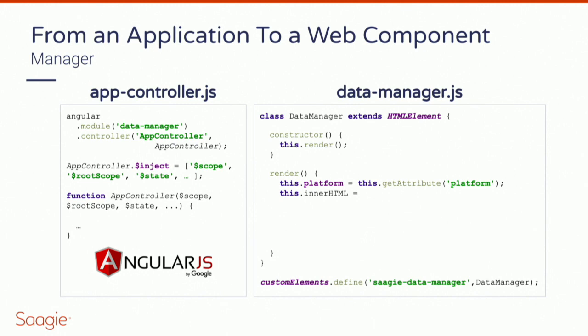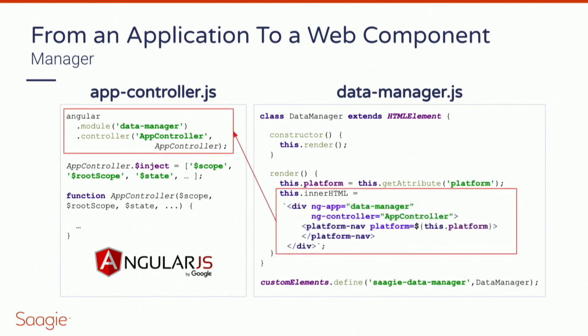And in the markup, in the render method, we're going to declare a div. And this div is going to take as attributes the ng-app and the ng-controller of our application. And in this precise case, as we needed to pass information to a subdirective, we are just declaring the subdirective too, and we're done.